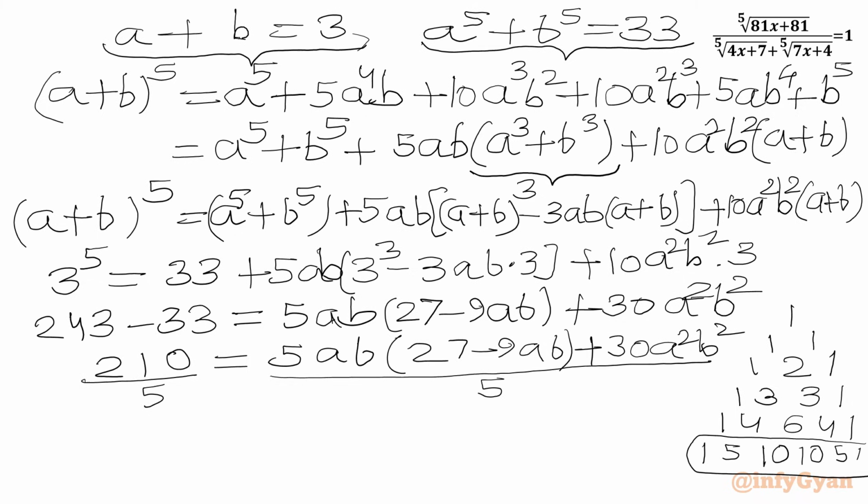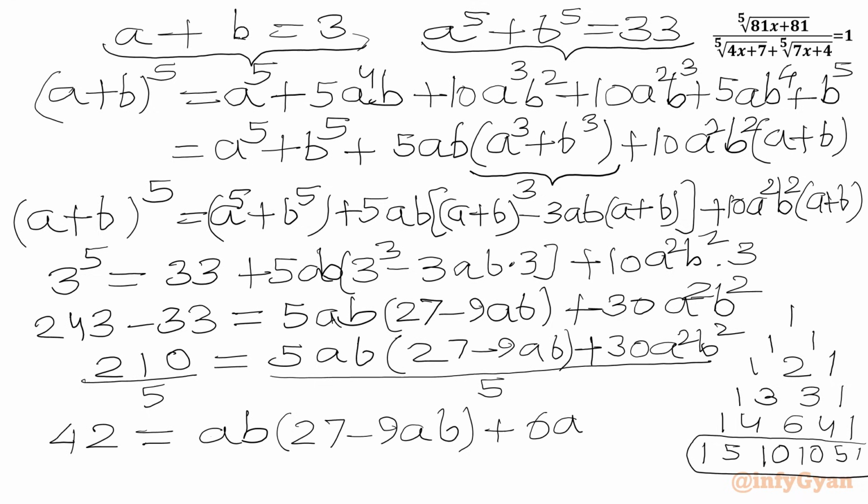We will get 210 over 5 is 42, equal to ab in the bracket 27 minus 9ab, plus 30 over 5 is 6a^2b^2, or we can write 27ab minus 9a^2b^2 in the bracket.